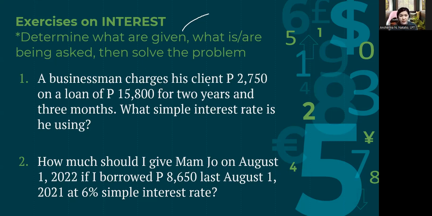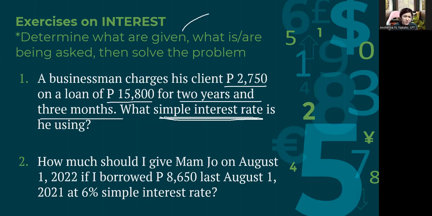Right? So, a businessman charges his client 2,750 on a loan of 15,800 for 2 years and 3 months. What simple interest rate is he using? Okay, so I'll give one as an example, but I will not show the final answer. Itong 2,750, okay, let's try to analyze.